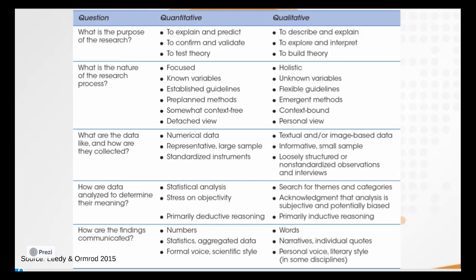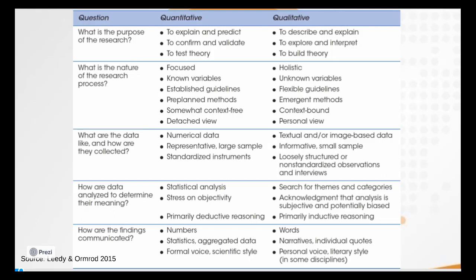In research terms, we can say that quantitative and qualitative research have different ontological and epistemological assumptions that are foundational to them. Quantitative research has an objectivist ontology and an empiricist epistemology, where qualitative research has a constructionist ontology and an interpretative epistemology. On the screen, you can see more of the broad stroke different characteristics.